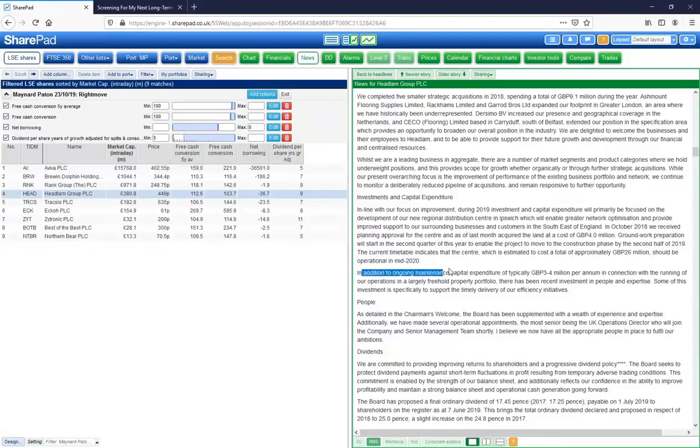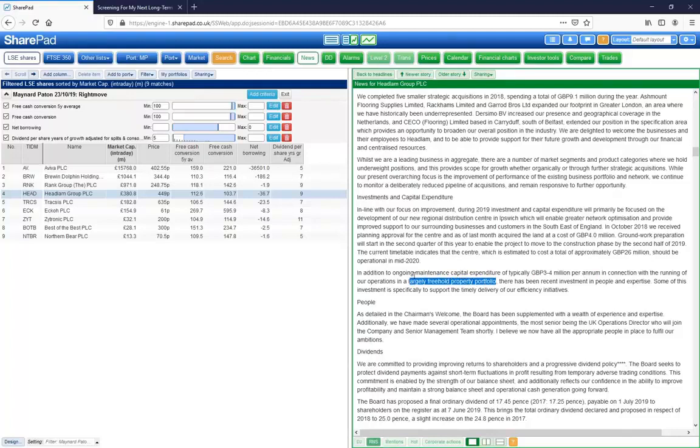So there's a line here. It says, in addition to ongoing maintenance capital expenditure of typically £3 to £4 million per annum in connection with running a largely freehold property portfolio. So this is interesting. Those assets, those 102 we saw on the balance sheet, it's a largely freehold property portfolio, and they just spend 3 to 4 million every year keeping that portfolio in good shape.